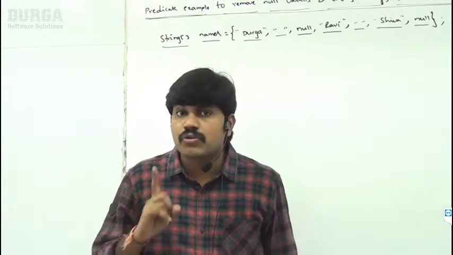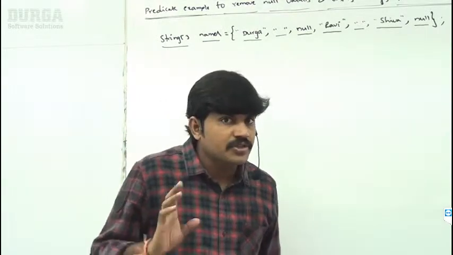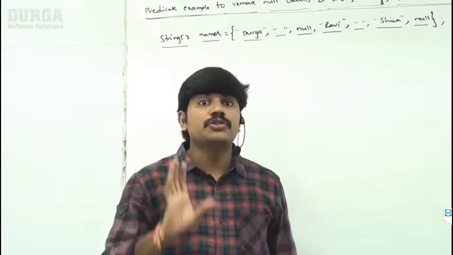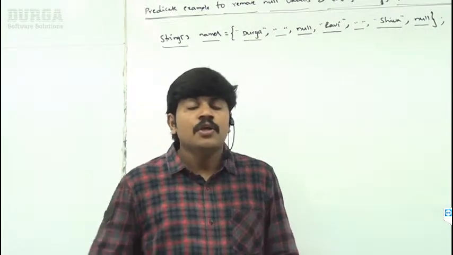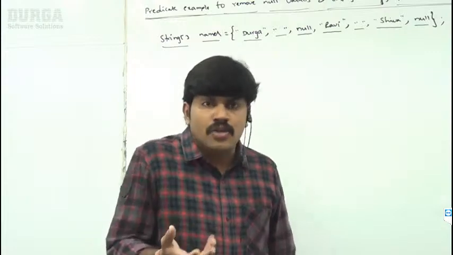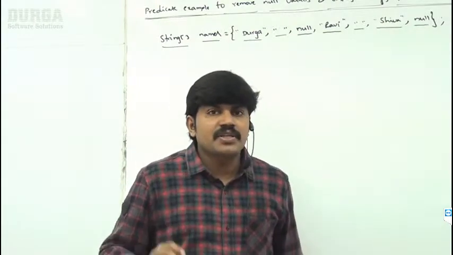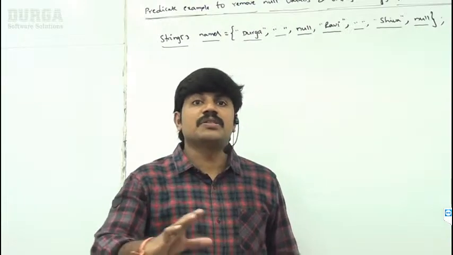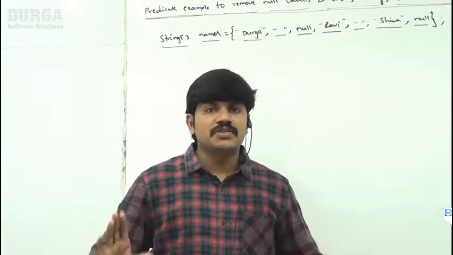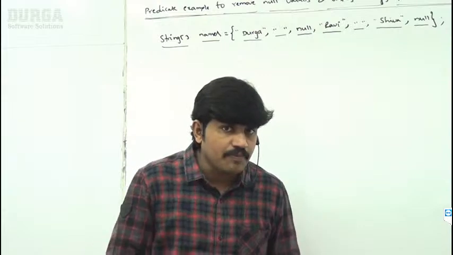So my string should not be null and my string length should not be 0. If it is null or its length is 0, I can't use it. That's why we write a predicate to check whether the string is a valid string, which is not null and not an empty string.